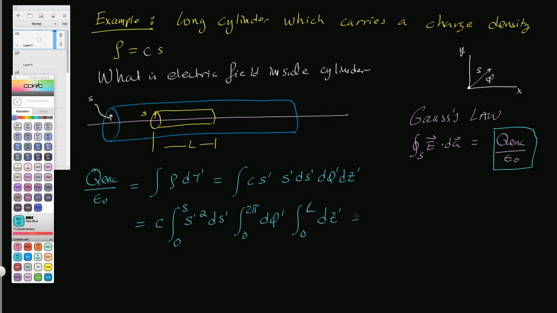Okay, let's do those integrals. So we have C, then we have S prime cubed over 3, then we have 2 pi, then we have L. So all together, I'll write it a little differently: C 2 pi L S cubed over 3. Oh, sorry, this was prime, but I'm applying my limits real fast.